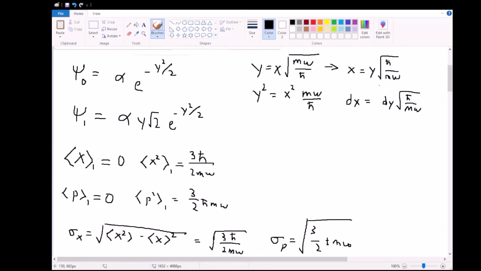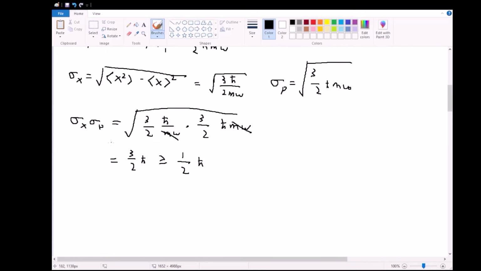Next, we want to find t and v. So we already know the formulas from before. The expectation value of v is going to be 1/2 m omega squared times the expectation value of x squared.